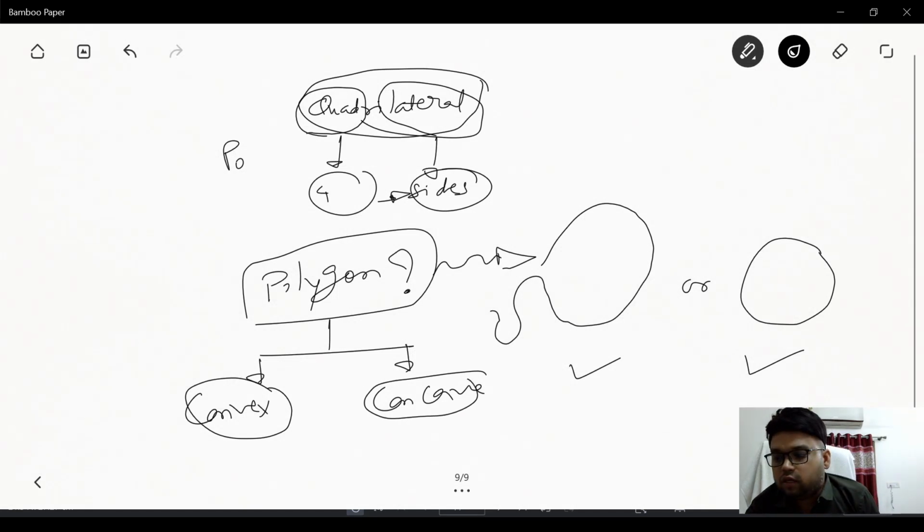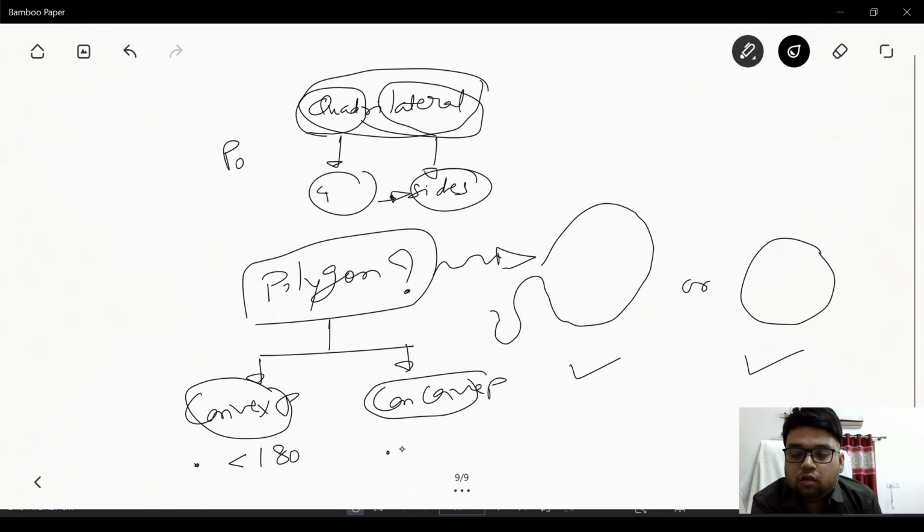The simple identification is that when a polygon has all its angles less than 180 degrees, then the polygon is called a convex polygon.